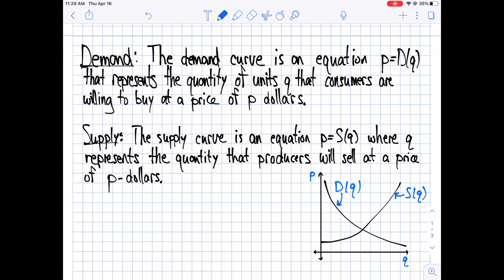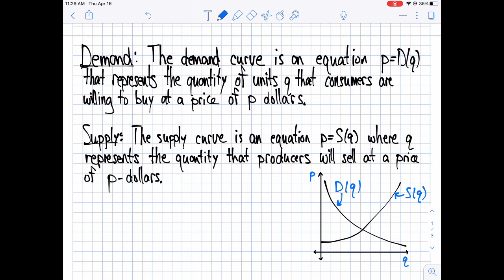The way that we're going to be representing our demand curve is D of Q, relating our variable price and our variable quantity to each other, and it's going to represent the quantity of units Q that consumers are willing to buy at a certain price of P dollars. Okay, that's our demand curve.